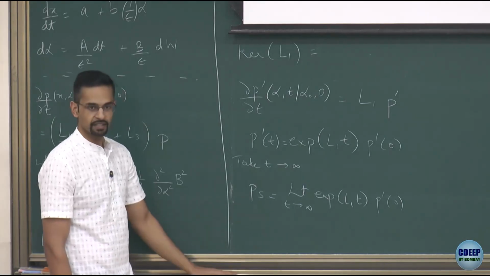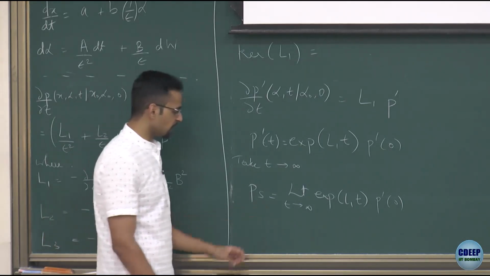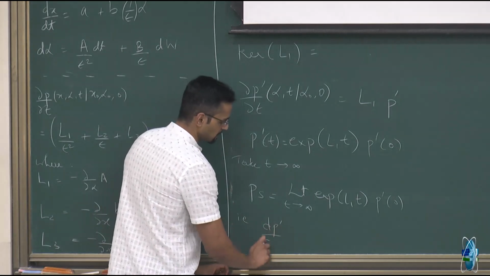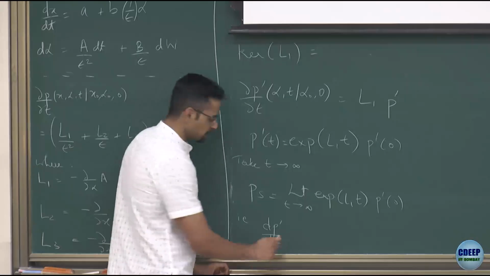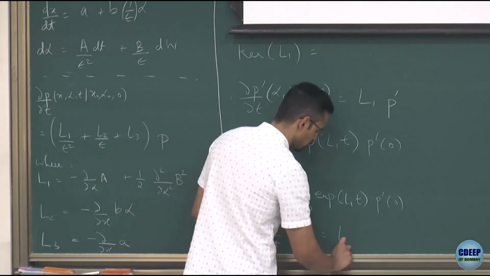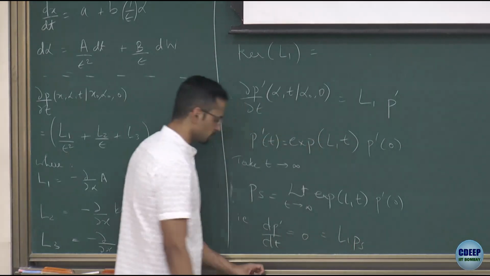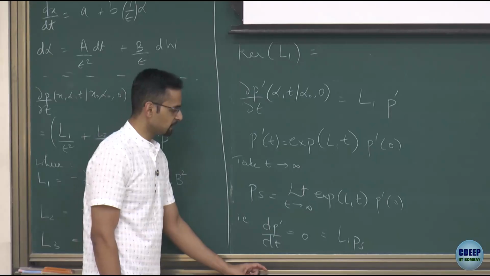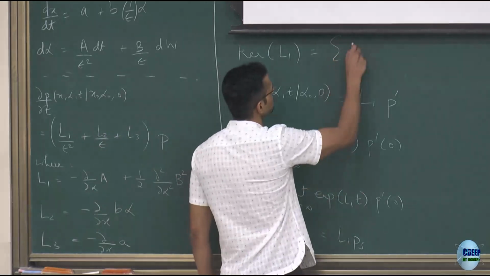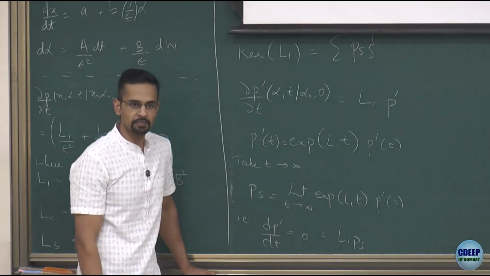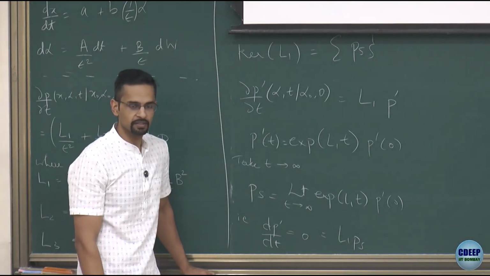So I know that this stationary distribution exists. I can also find it directly by saying that the derivative of P prime must be 0 now, because that's what it means that you are at steady state, which means L1 PS is 0, right? That is what will happen when I reach stationarity. So clearly this thing is spanned by PS. So PS is the span, the null space of this L1 operator.